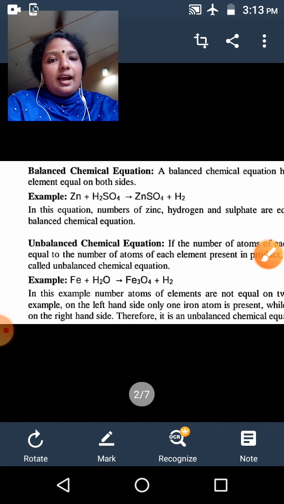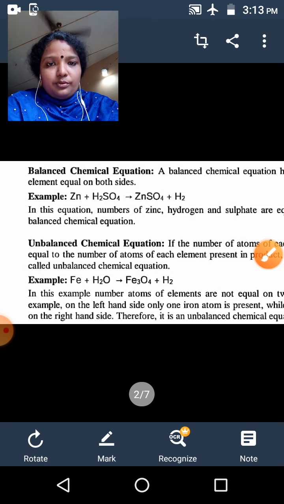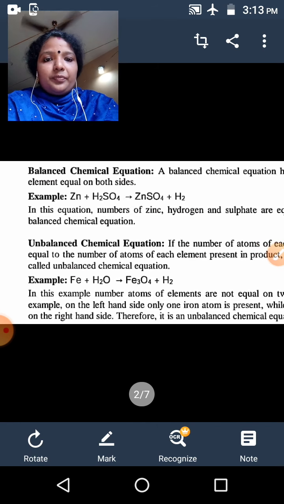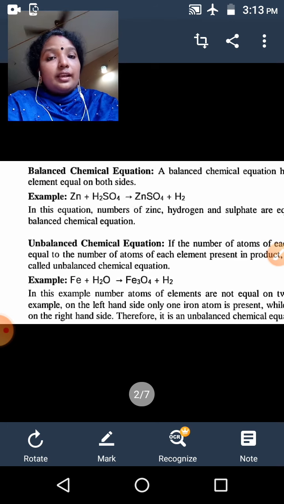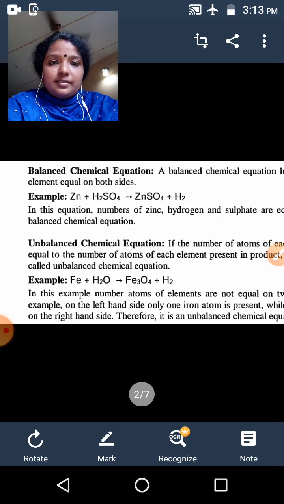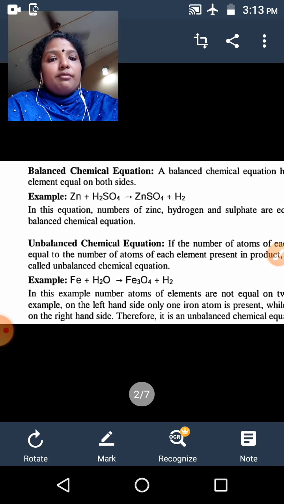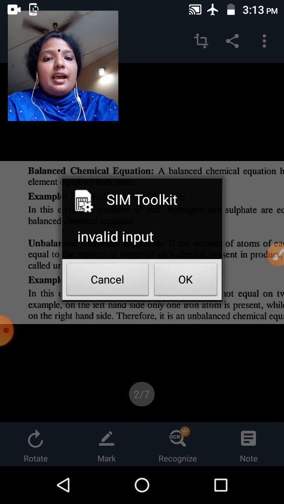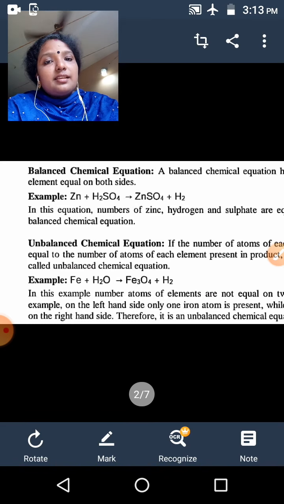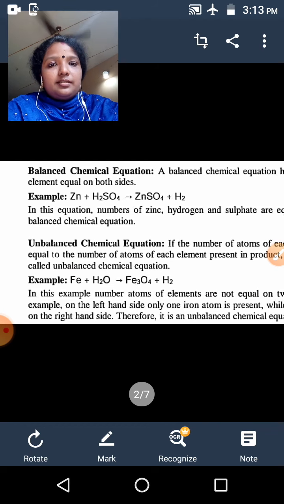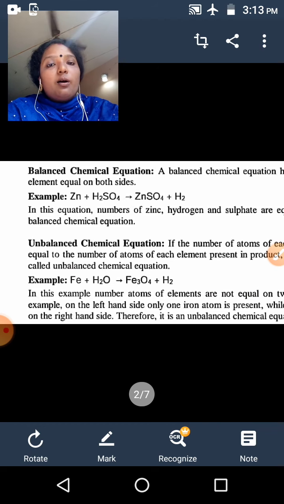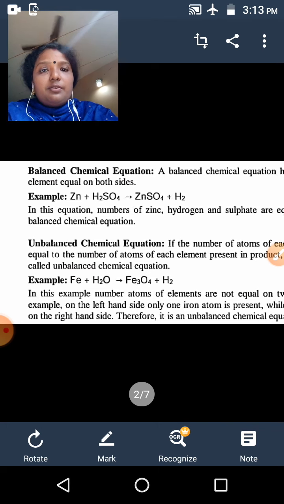Hydrogen atoms in the reactant side? 2. Product side? 2. Oxygen atoms in the reactant side? Sorry, in the reactant side 1 and in the product side 4. So the number of iron and oxygen atoms in the reactant side and the product side is different. This type of equation is known as an unbalanced chemical equation or skeletal chemical equation.